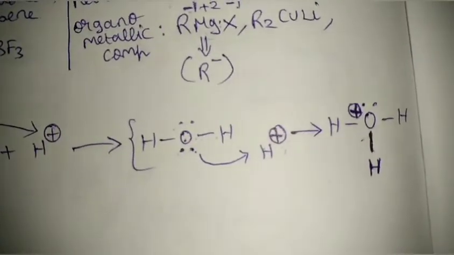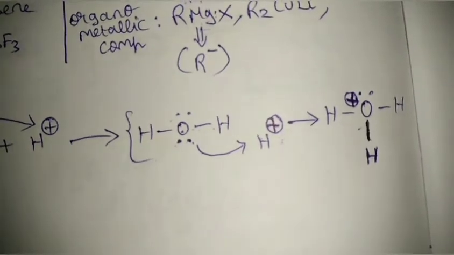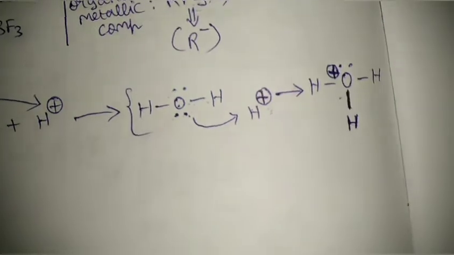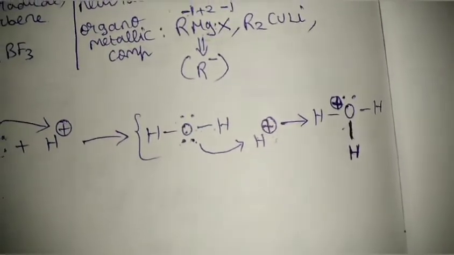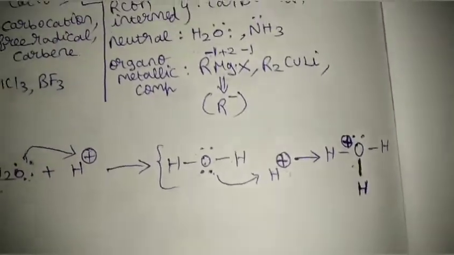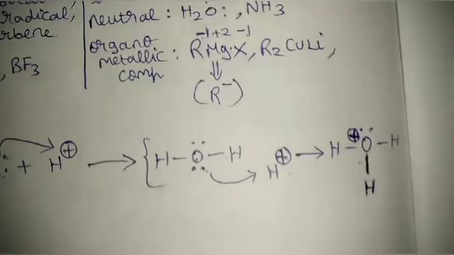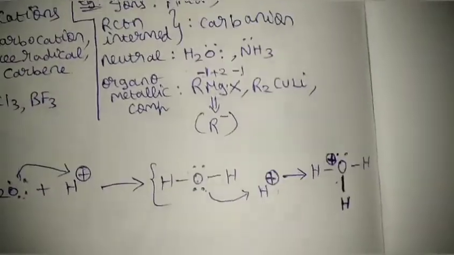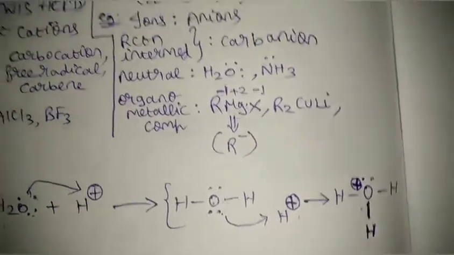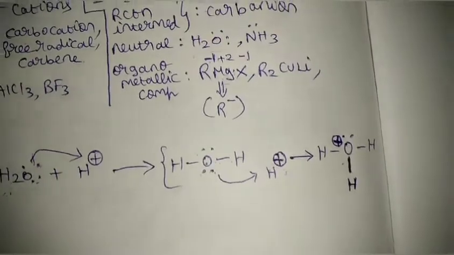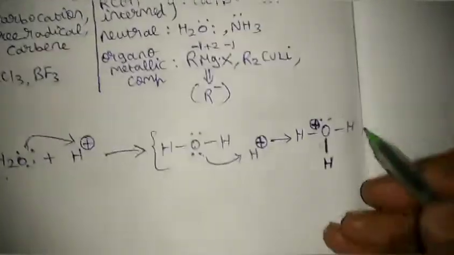There they give a molecule and ask you to find the charge on the element, okay. So if they give H3O and ask you to find the charge on oxygen, you'll use the formal charge method to find the charge on oxygen. So you'll get it as +1, okay. If you don't know how to find formal charge, I'll upload a video on it, no problem. Or else you just revise chemical bonding, okay.